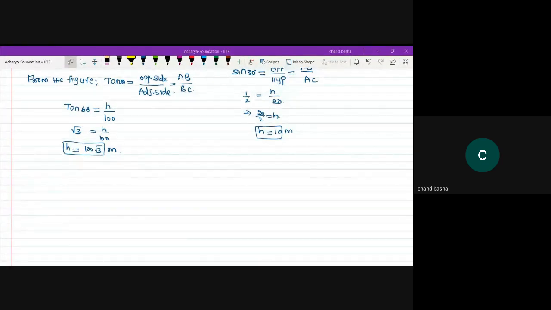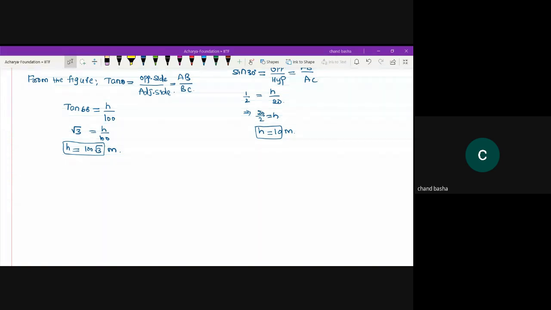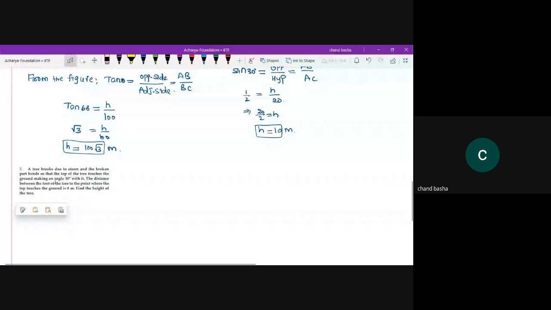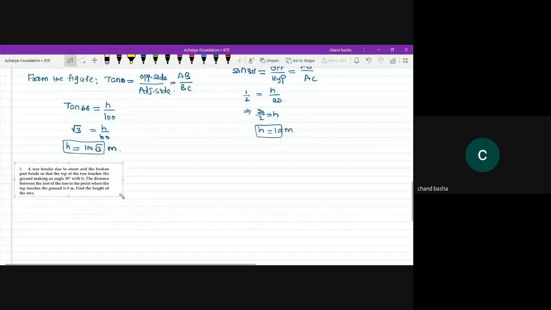Question number 3, guys, but you have to understand this question. It's not so easy. You're not asked directly. You should take an approximate figure, then only you can understand the given question. For the third question, let's see the given question. First read the question carefully.